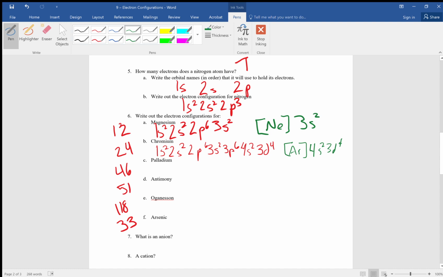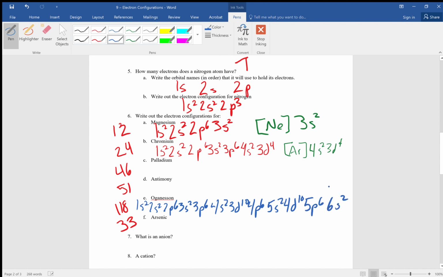Now it's these next couple examples that will illustrate even better why this shorthand is important. And I'm going to jump down to oganesson to show that. So if we did the full configuration for oganesson, it's going to look like this. So after 6s, that's when we jump back to 4f.